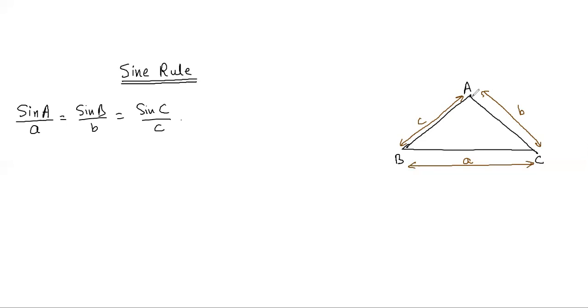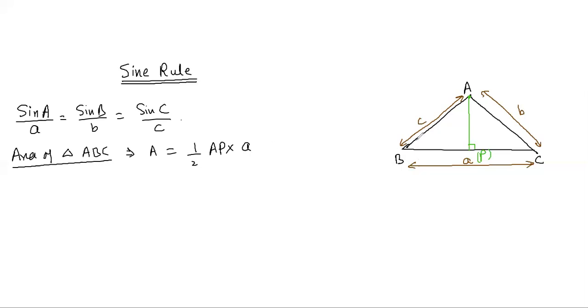So what I can do, from A, if I drop a perpendicular to BC and call this as AP. Now area of triangle ABC can be written as area equal to half into perpendicular, perpendicular is AP, into small a. Small a is base. Okay.